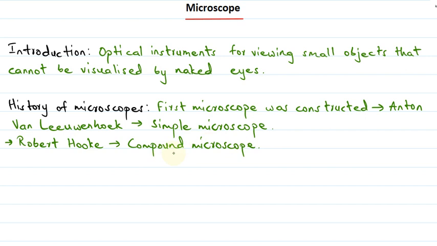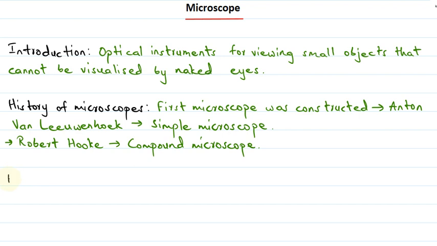We would study about the compound microscope in detail in our next section. So Robert Hooke later developed this compound microscope. Now let's see what are the major types of microscopes.